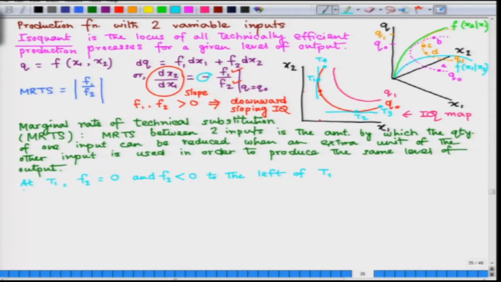So, at T2 the slope of the isoquant is 0, right.